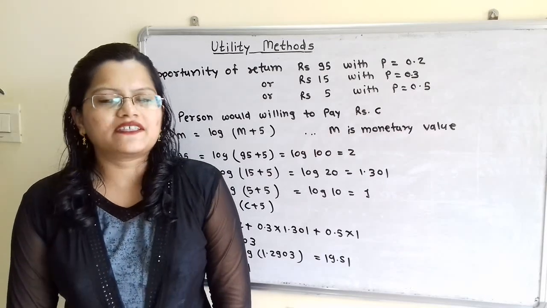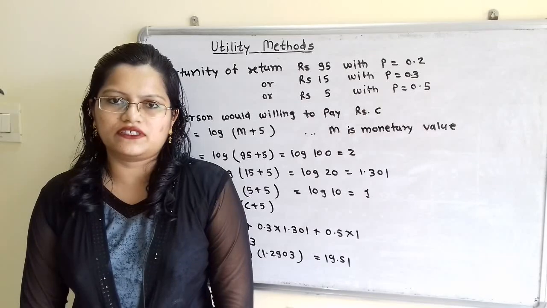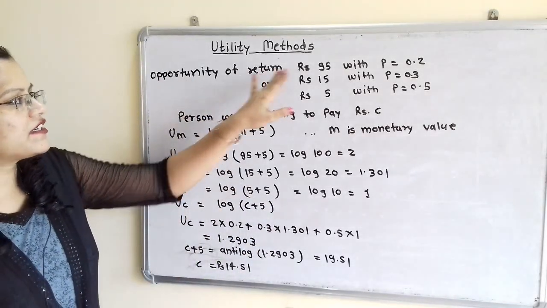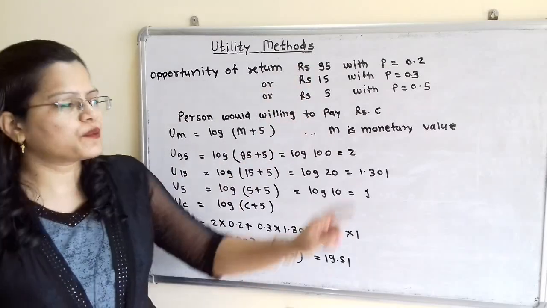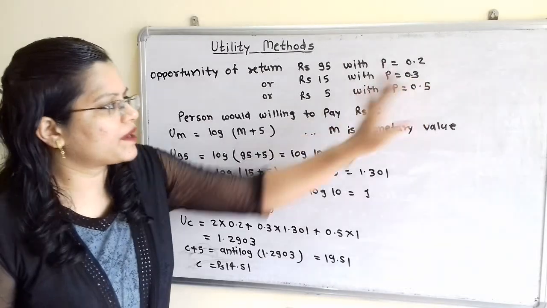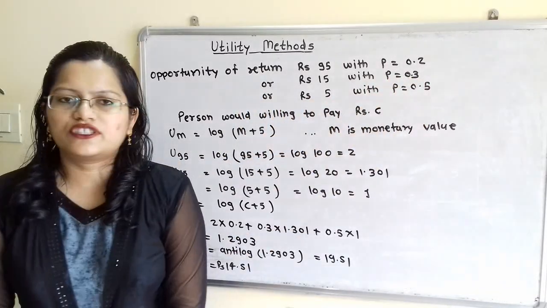This question is based on the third method, that is the logarithmic utility equation. For this opportunity, return is rupees 95 with probability 0.2, or we can get rupees 15 with probability 0.3, or rupees 5 with probability 0.5.